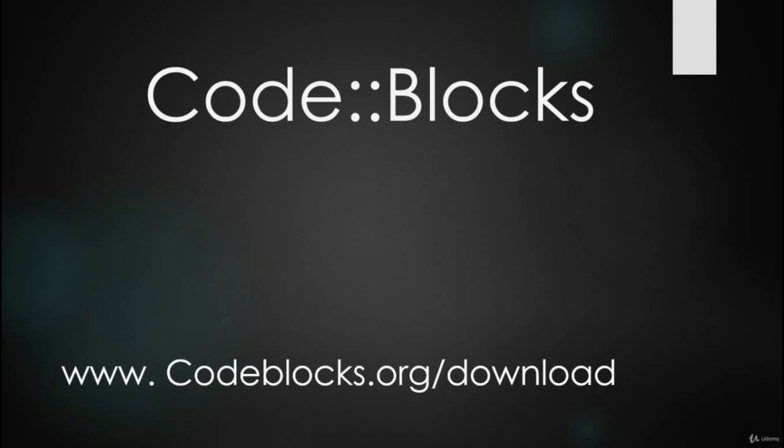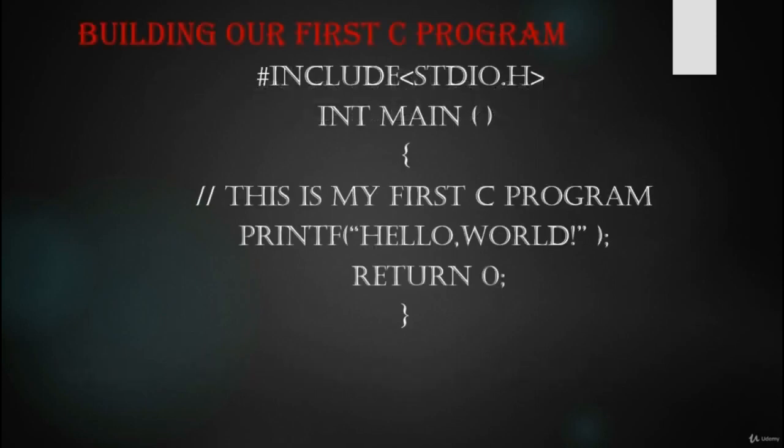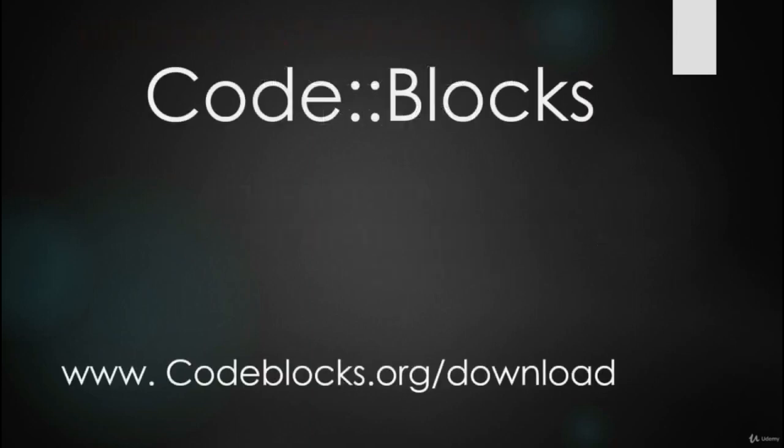So let's try to build our first C program using our CodeBlocks. But you can also try with other IDEs of your choice, but I will be dealing with CodeBlocks. So let's begin our first C program.